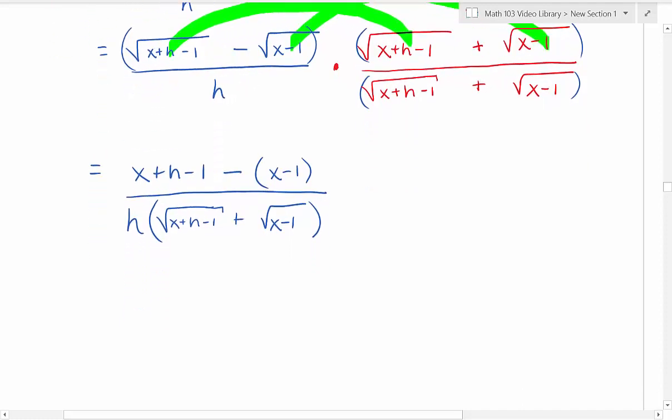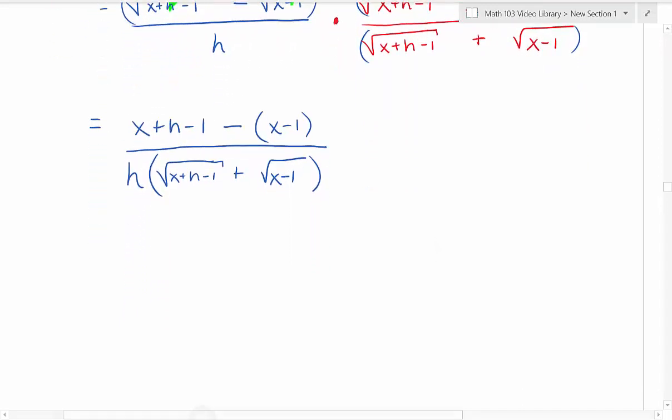We'll distribute the negative in the numerator and combine like terms. x plus h minus 1 minus x plus 1 over our denominator.